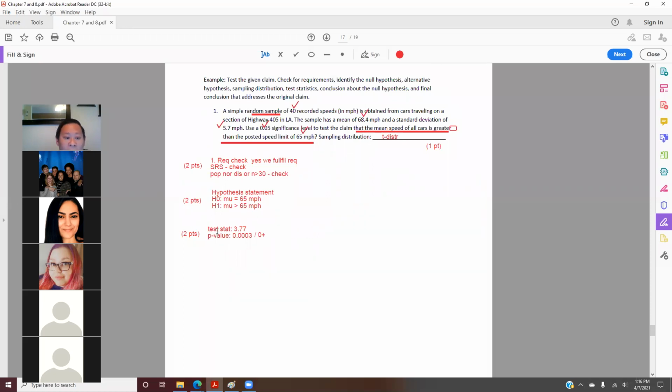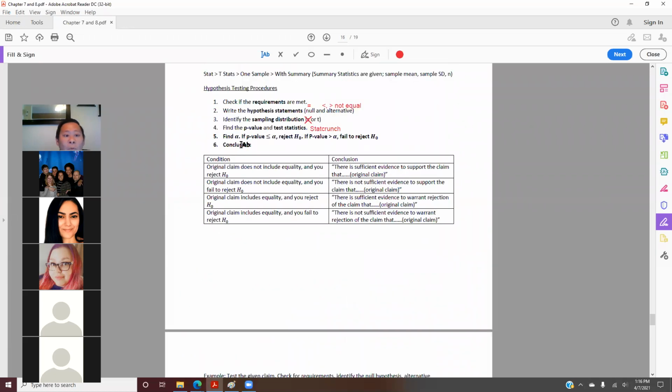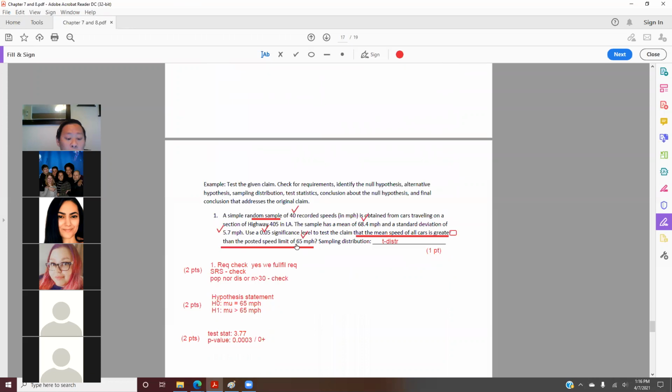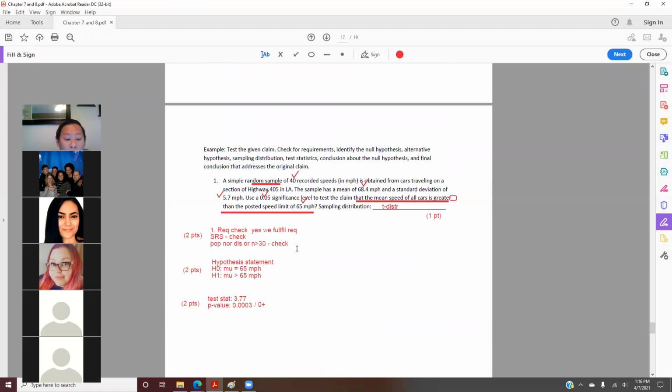Again, what you're doing here is step 4, which is the p-value and the test statistic.